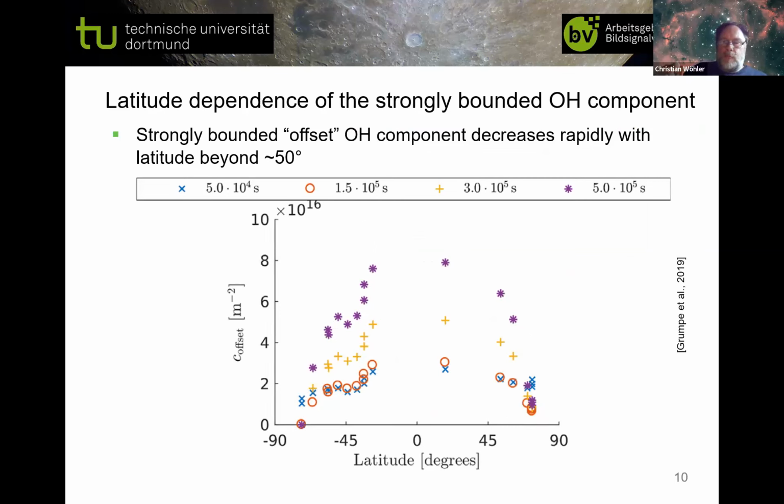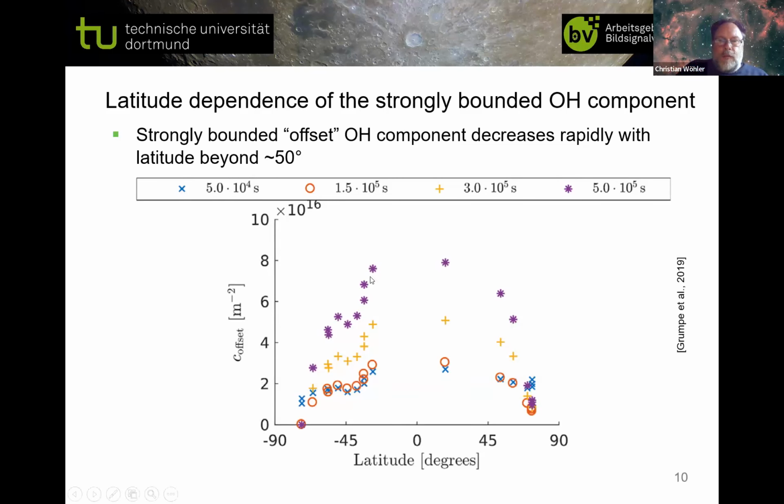This might be explained by the fact that the stable component is not necessarily an internal component. So it doesn't necessarily mean that it's magmatic water or something. It might also be due to OH that diffuses into strongly bound binding states of the surface minerals, and such strongly bound states with binding energies of more than 2 or 3 electron volts have indeed been described in the literature.